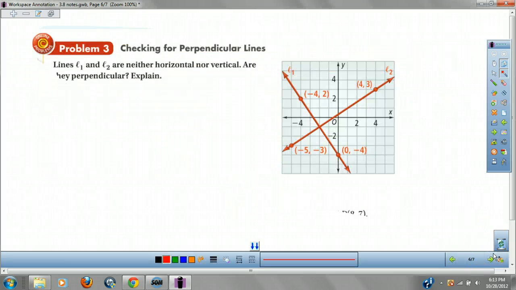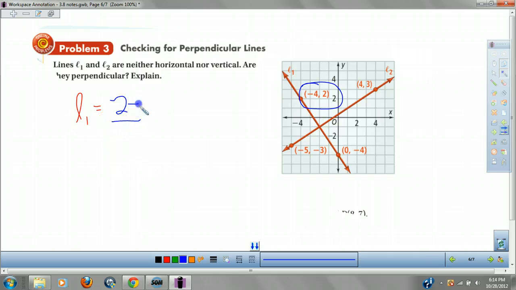Okay, checking for perpendicular lines. Again, all we gotta do is find the slope of these 2 guys and see what happens. So L1, I'm going to take the point negative 4, 2, and go 2 minus something over negative 4 minus something. Again, always start with those y's first. y on top, x on the bottom.